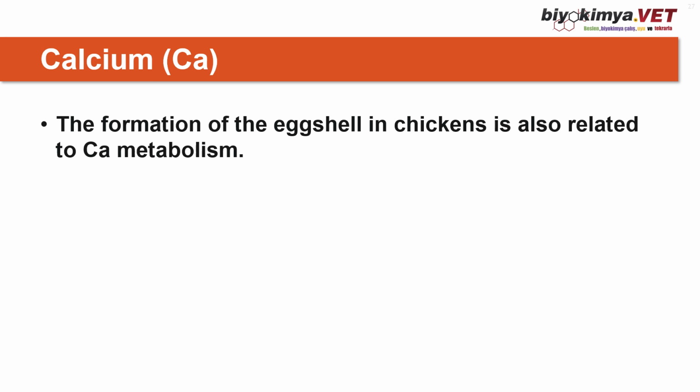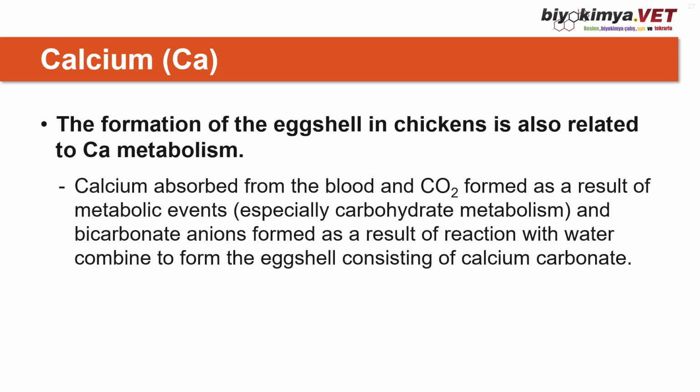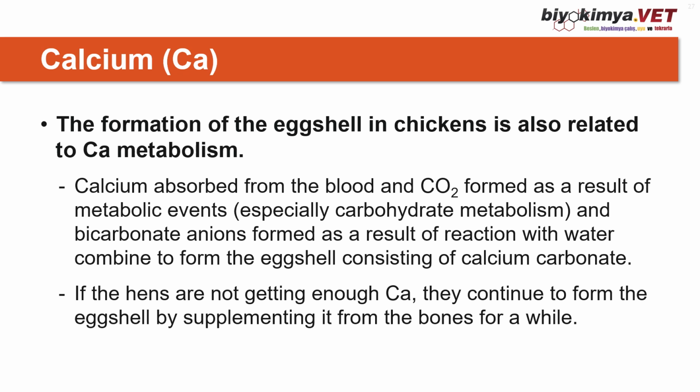The formation of the eggshell in chickens is also related to calcium metabolism. Calcium absorbed from the blood and carbon dioxide formed as a result of metabolic events, especially carbohydrate metabolism, form carbonate ions as a result of reaction with water, combined to form the eggshell consisting of calcium carbonate. If the hens are not getting enough calcium, they continue to form the eggshell by supplementing it from the bones for a while.